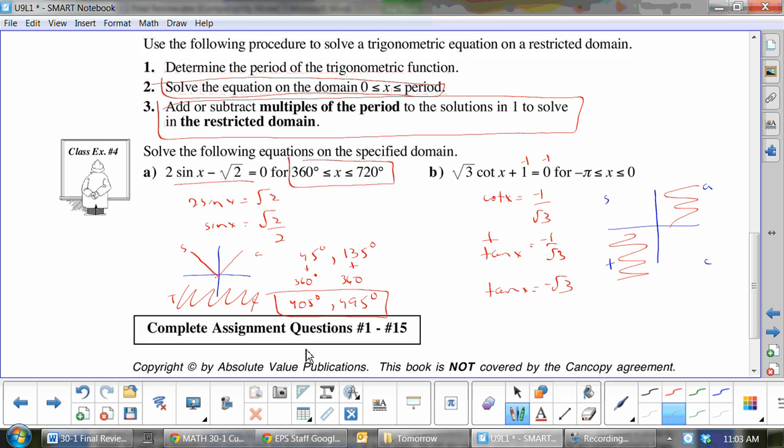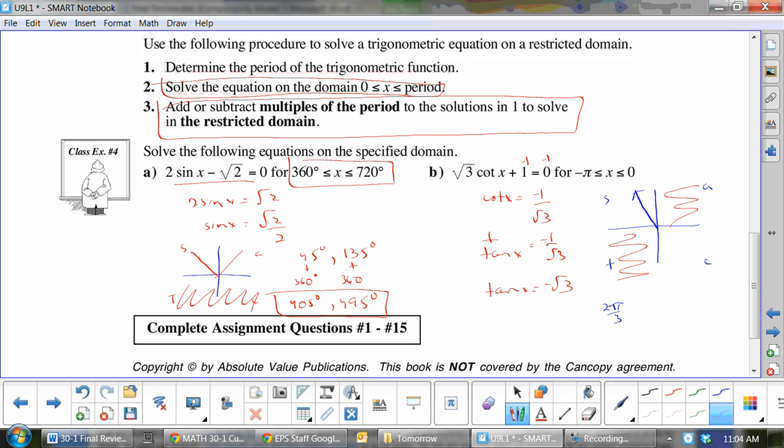Where is it? 1, 2, 3. 2 pi over 3 would be, so that's 4 pi over 6, right? So that's bringing me up here at 2 pi over 3.